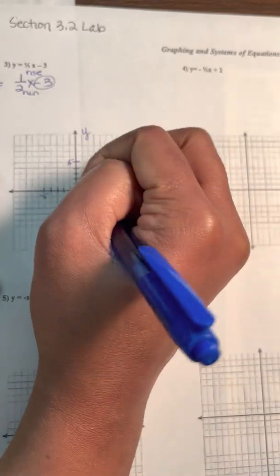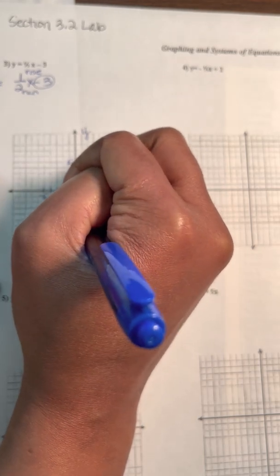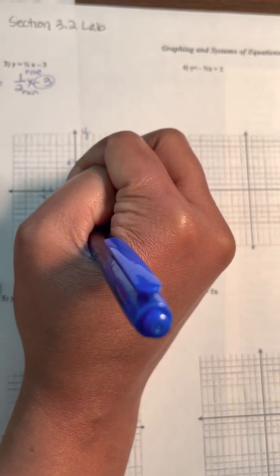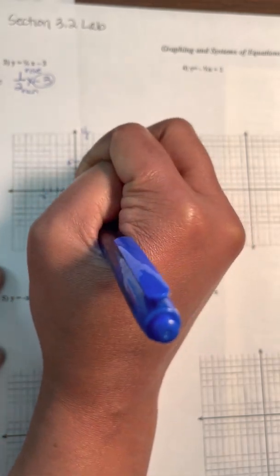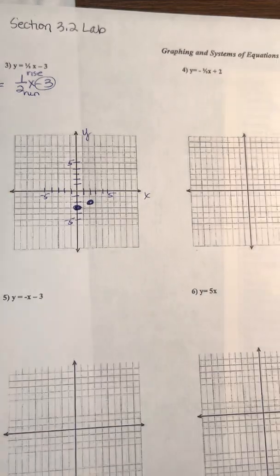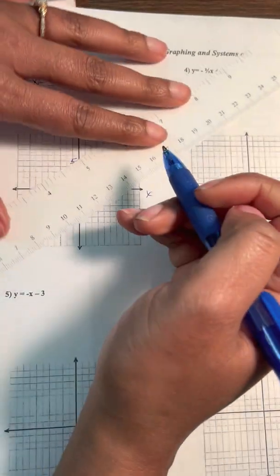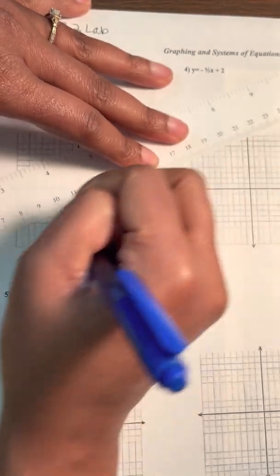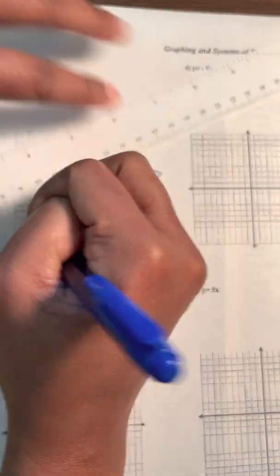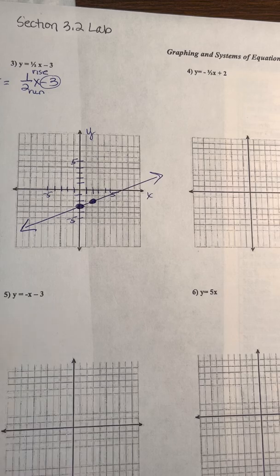Okay, so I'm going to start at the negative 3. 1, 2, 3 down here. Negative 3. And I'm going to rise 1 and over 2. So rise up 1 and over 1, 2. And connect and make your straight line.